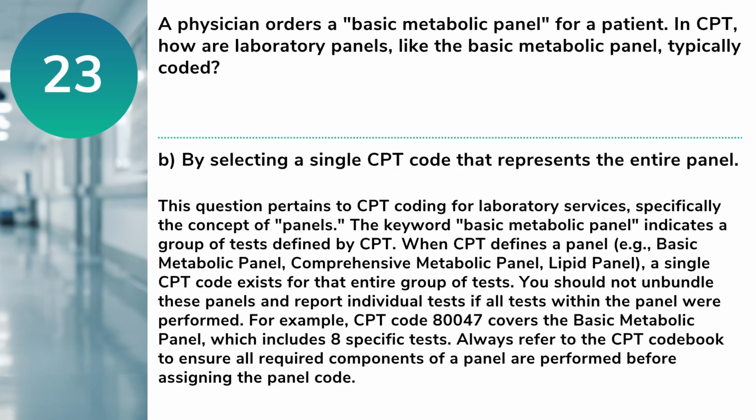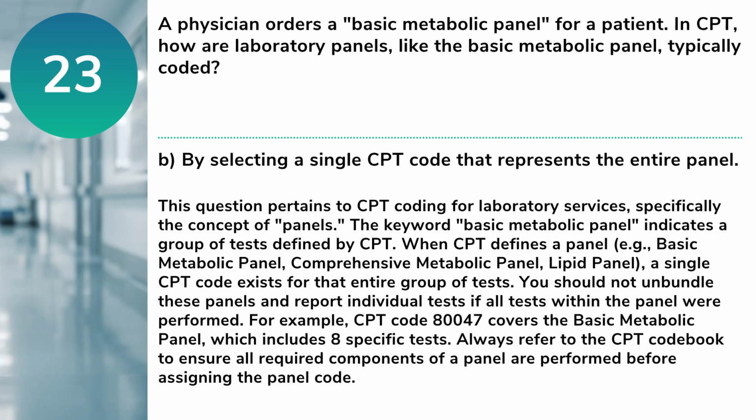Answer: B. By selecting a single CPT code that represents the entire panel. This question pertains to CPT coding for laboratory services, specifically the concept of panels. The keyword basic metabolic panel indicates a group of tests defined by CPT. When CPT defines a panel, e.g., basic metabolic panel, comprehensive metabolic panel, lipid panel, a single CPT code exists for that entire group of tests.